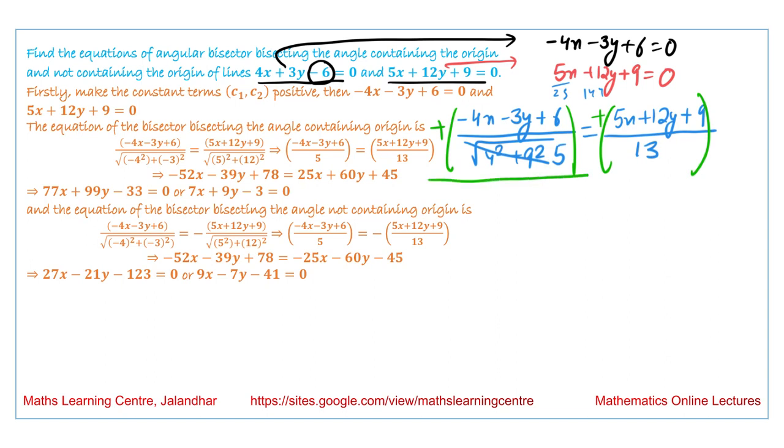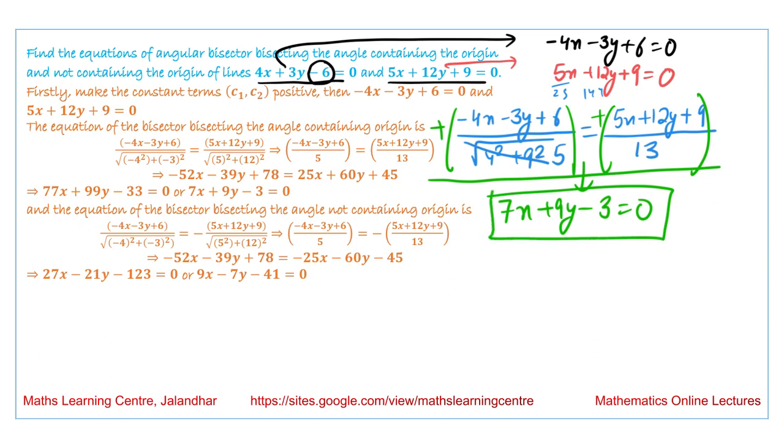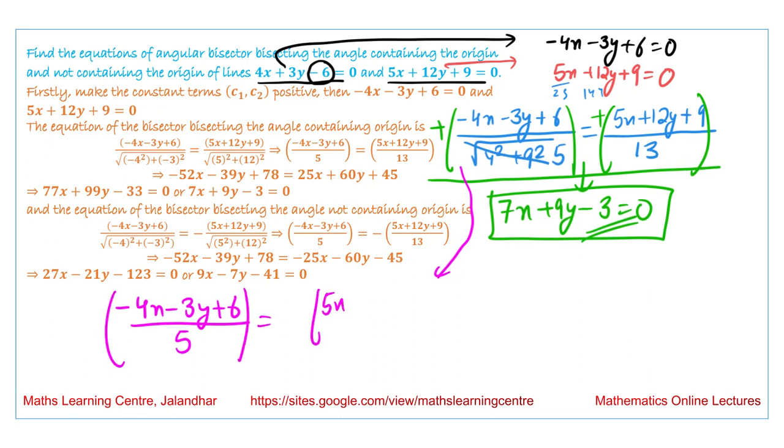So on solving this equation, we will obtain the equation in the form 7x plus 9y minus 3 is equal to 0, and this gives us the equation of the angle bisector which contains the origin. Second, for the second equation we are writing (minus 4x minus 3y plus 6) divided by 5 is equal to (5x plus 12y plus 9) divided by 13, and the sign we have over here is negative.